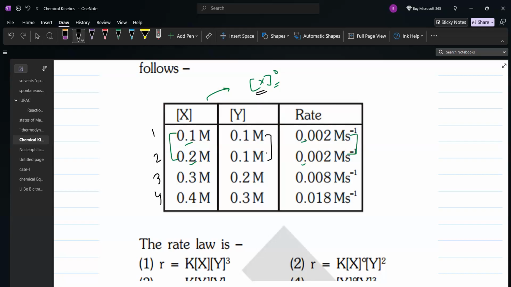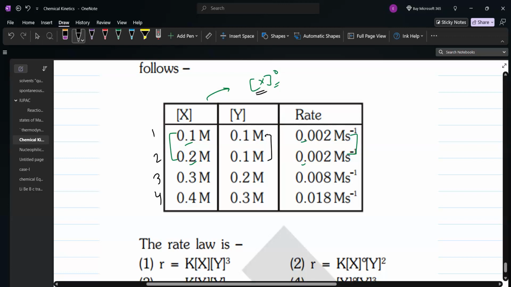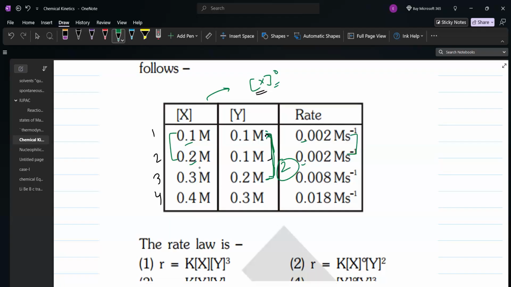So we will take like this. Wait a minute. We can take the first and third. In this we can see the concentration of Y has been doubled, right? The concentration of X has been tripled, but it doesn't matter.